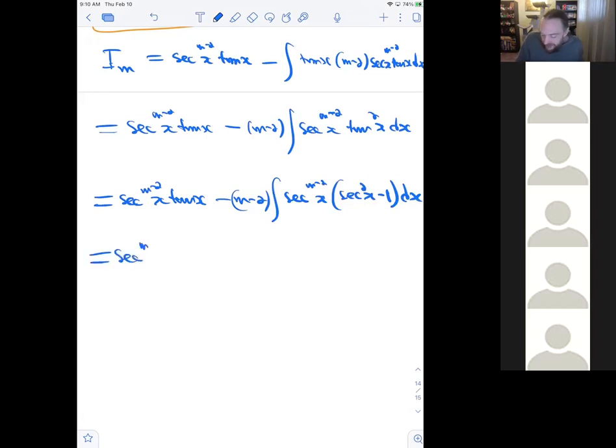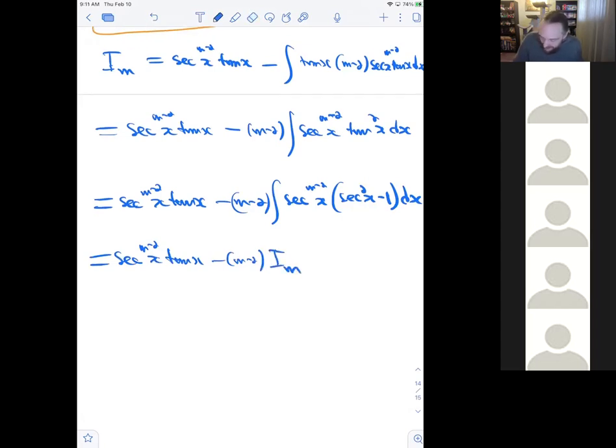This is secant^(m-2) x tan x minus (m-2) the integral of I_m again, and then now plus (m-2) the integral of secant^(m-2) x dx. And there's the reduction of order.